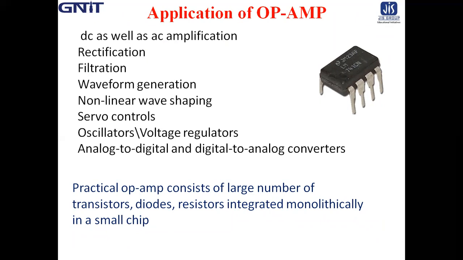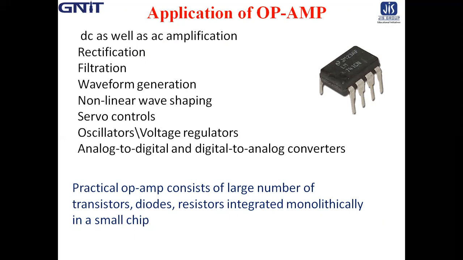Nowadays, integrated op-amp has been widely accepted as a versatile, predictable, and economic system, which is a building block in analog integrated circuits. IC op-amps are useful in communication equipment, instrumentation, and data processing.